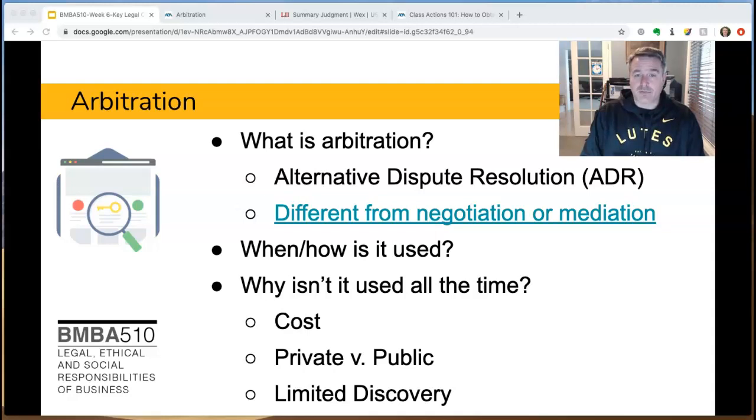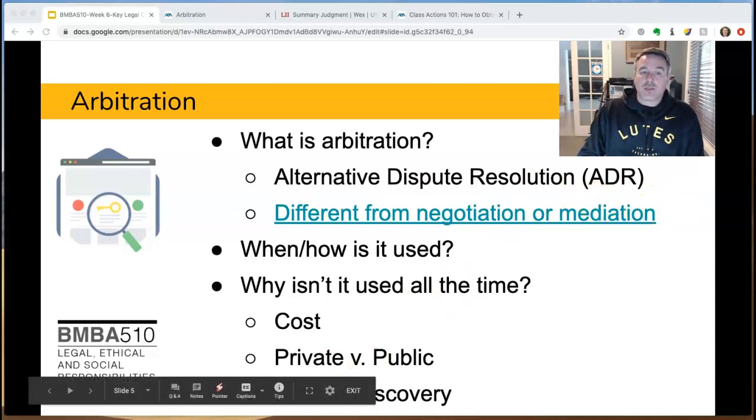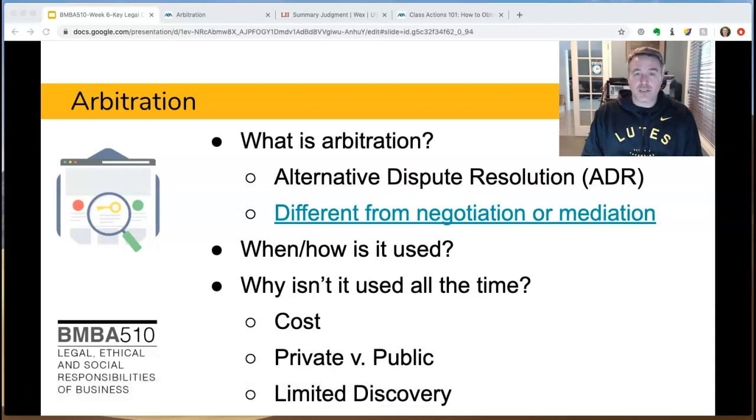And there's some effort in some states to limit that, because the argument is that employees don't really have the power to negotiate the terms of their employment, whereas in a business to business contract, the parties can negotiate whatever they want. So it's a form of avoiding all of the cost of litigation, or some of the cost of litigation, and receiving a more predictable outcome in a private setting.